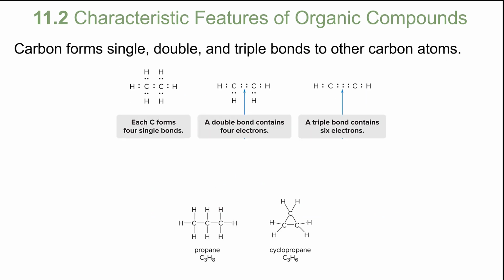Carbon can also form a double bond in addition to the single bond that we just drew. So this would be our double bond. This is the single bond. And we can also form a triple bond. So if we were to draw this out without the dots, this is carbon with a single bond.